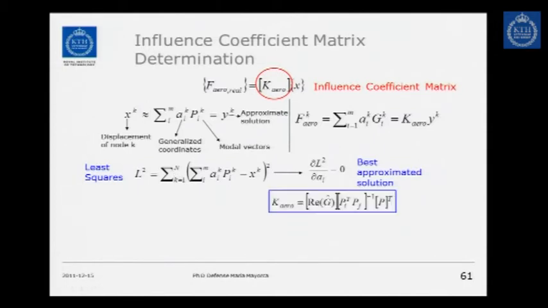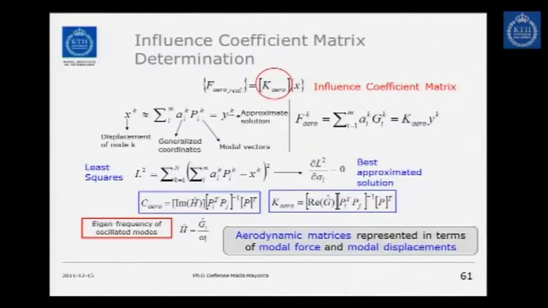You do all the math, and you get an aerodynamic stiffness matrix, represented in terms of the modal forces vector and the modal displacement vectors. In the same way, I did the aerodynamic damping matrix, but the only difference is that now I have to include a frequency content in the damping matrix, related to the frequency of oscillation of the mode.